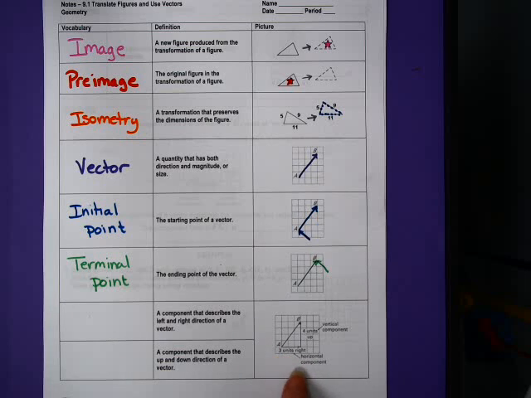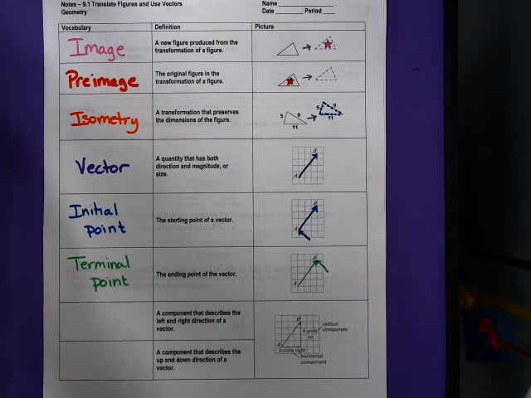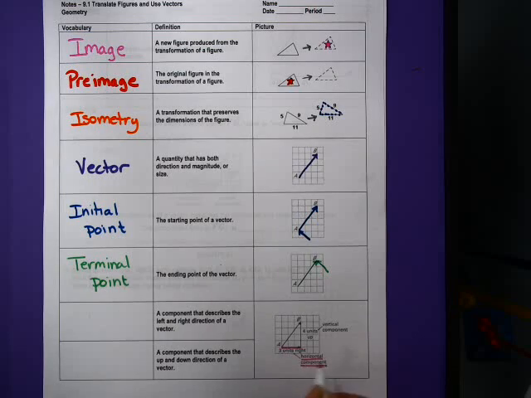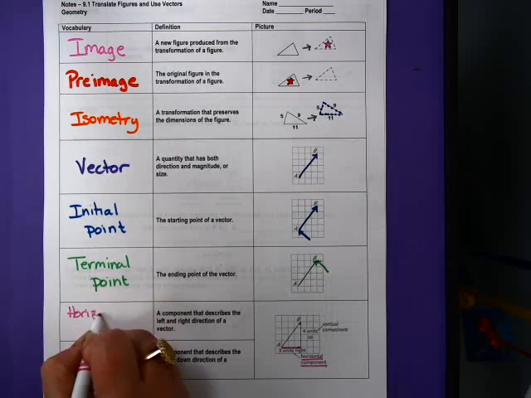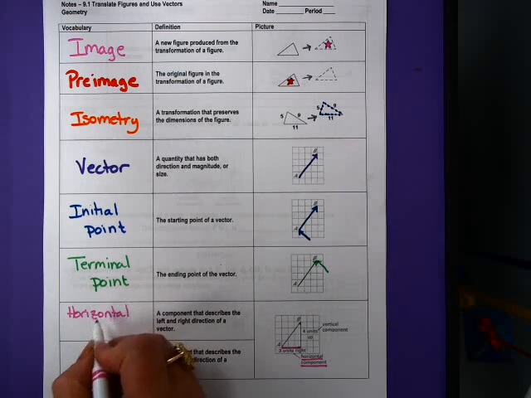So if you look here, left to right, that's going to be the horizontal component. This one here, that's going to be the horizontal component. And that's what I'm going to write over here.